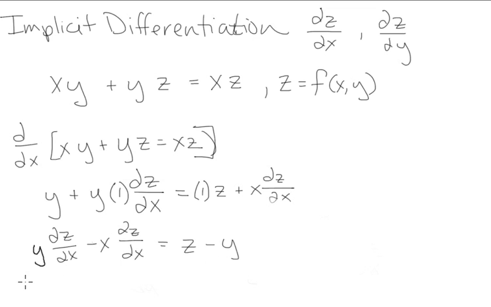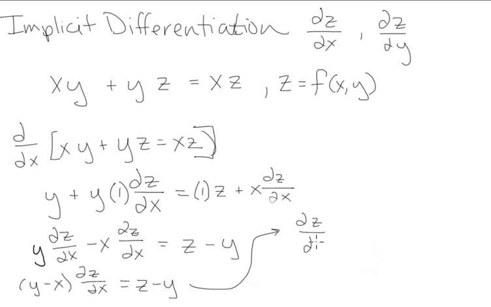Notice that I could factor out on the left-hand side a y minus x dz dx is equal to z minus y. So I'm going to divide both sides by the y minus x, and I get dz dx is equal to z minus y divided by y minus x.